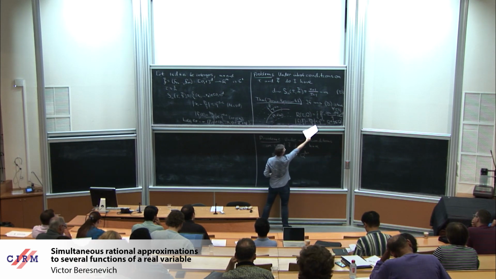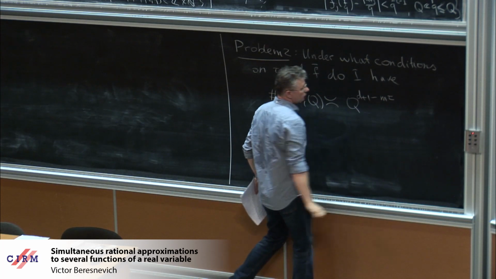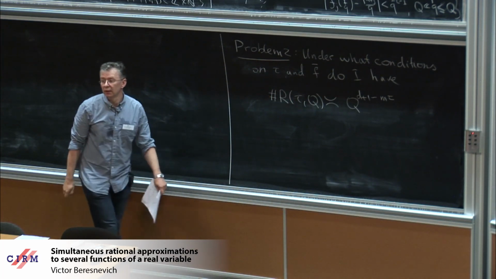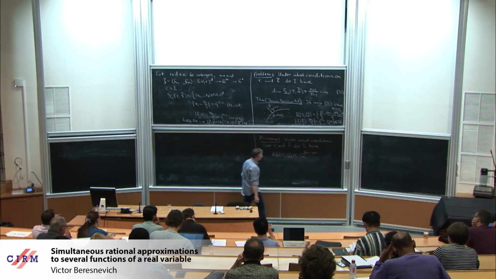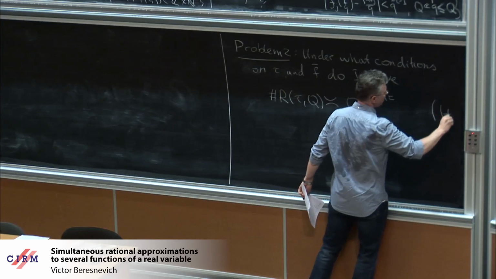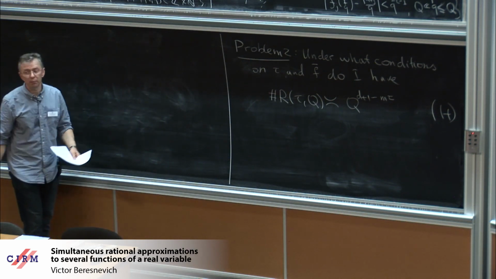Well, once I place these conditions, I have to take away m tau. Okay, so let me give it this name H for heuristic. And again, we're interested in upper and lower bounds.